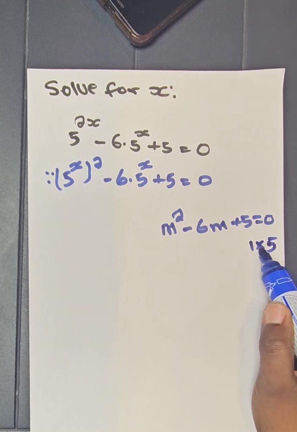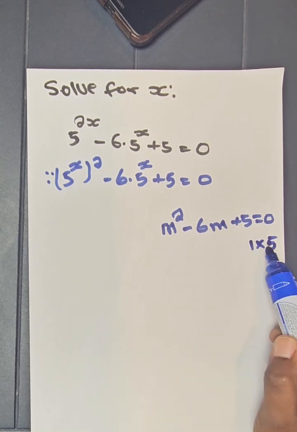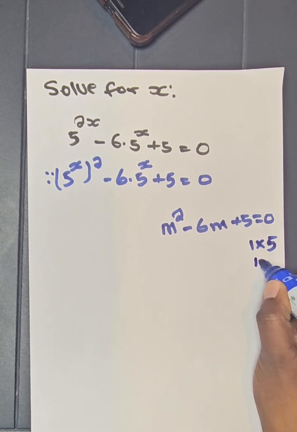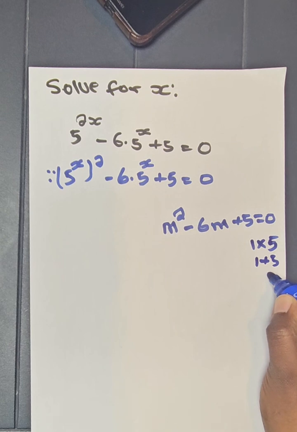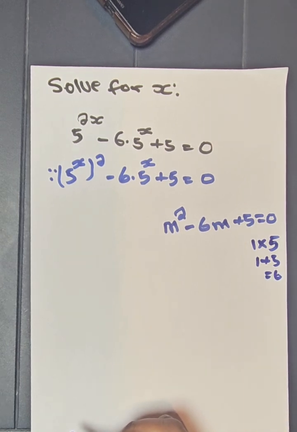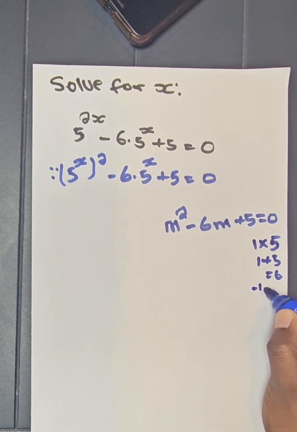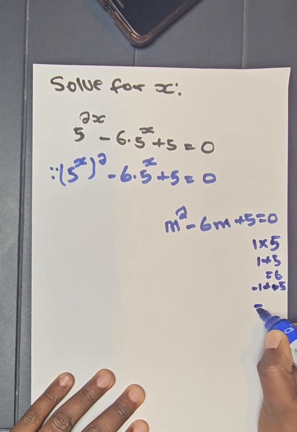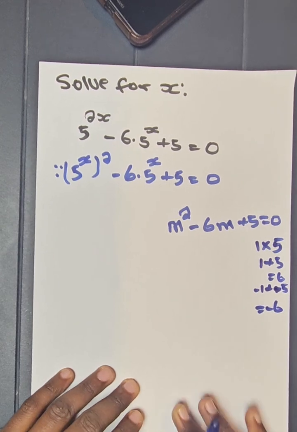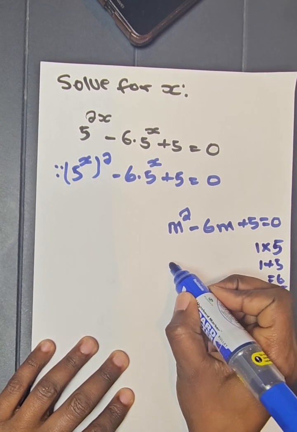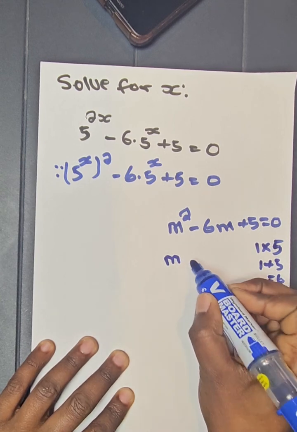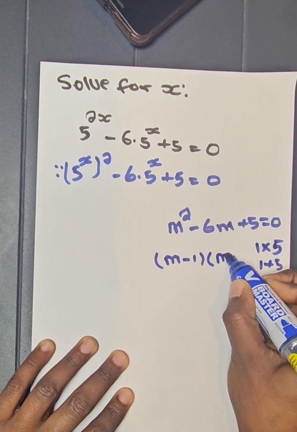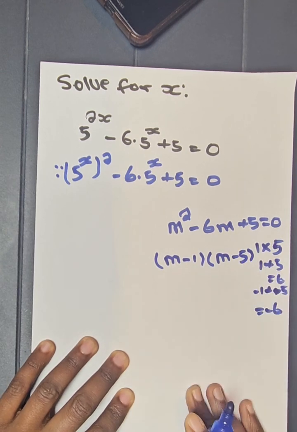Now which way can we get minus 6 if we add these two factors? If we add 1 to 5, we will get 6. No. If we add minus 1 plus minus 5, this will give us minus 6. Therefore, our factors will be (m minus 1) times (m minus 5).